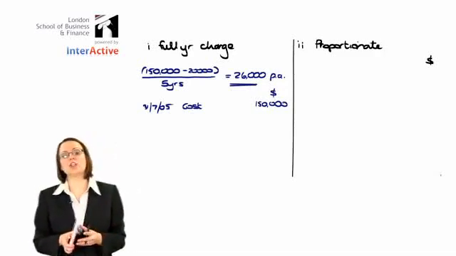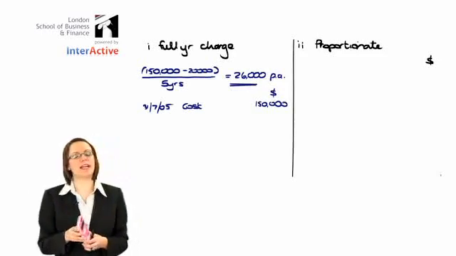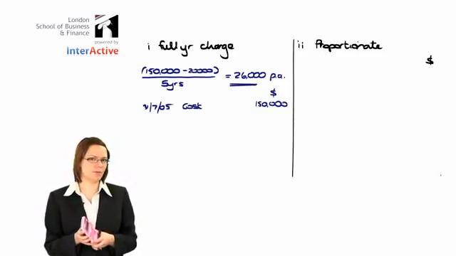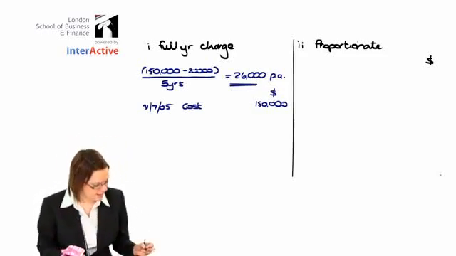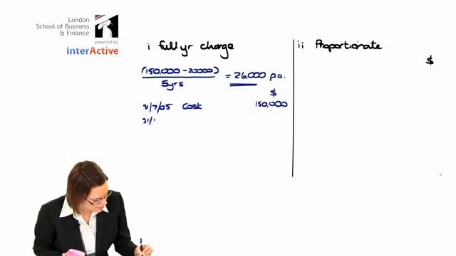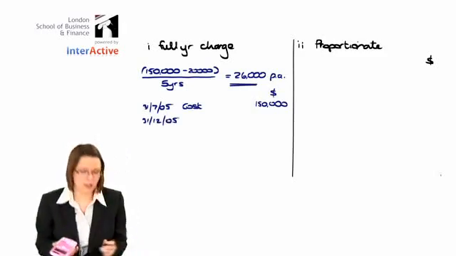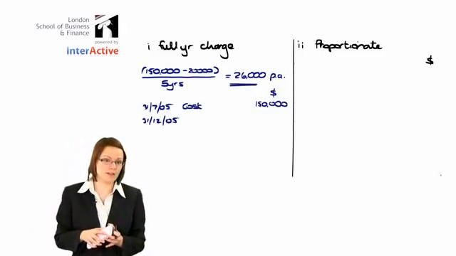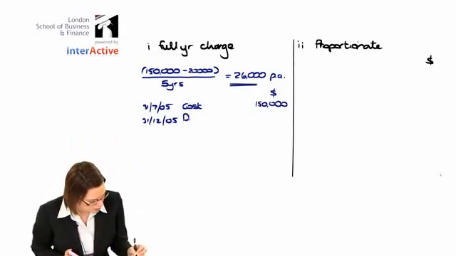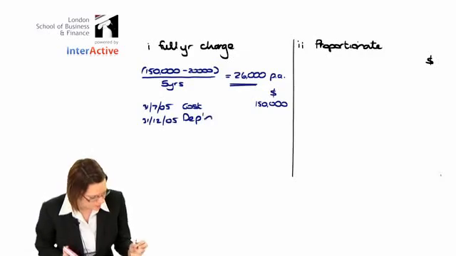Now, at each year end, we're going to do an adjustment to our accounts for the depreciation. For that then, what we're going to say is at the 31st of December 2005, the first accounting year end, we're going to charge depreciation.